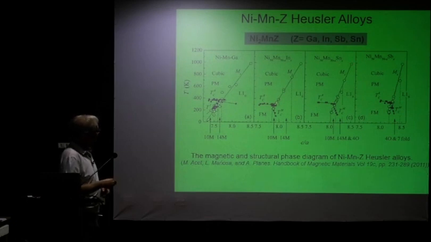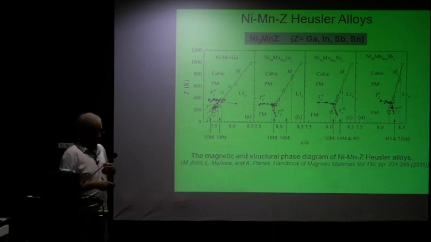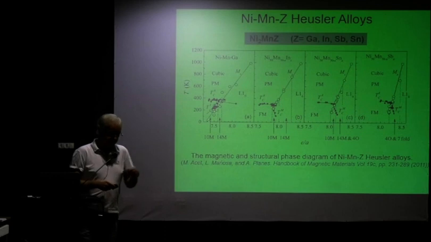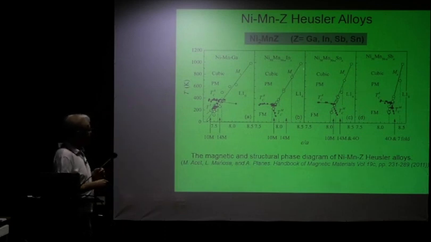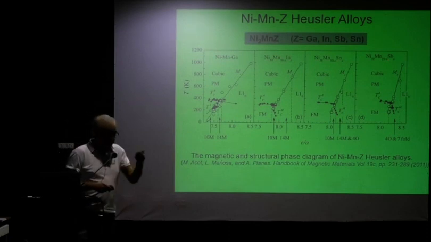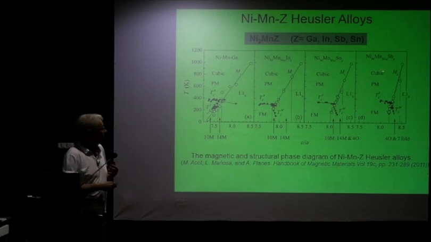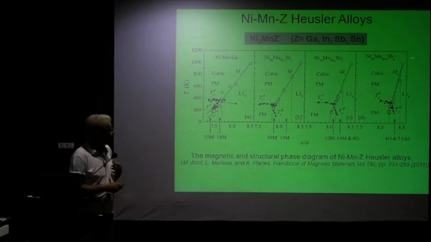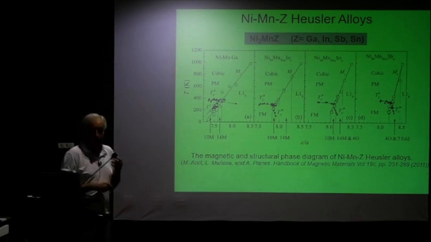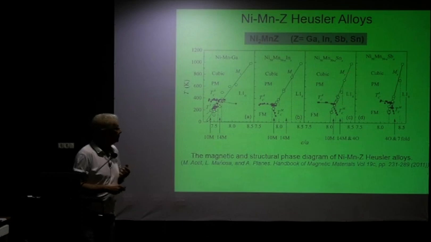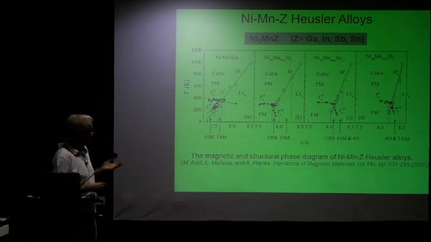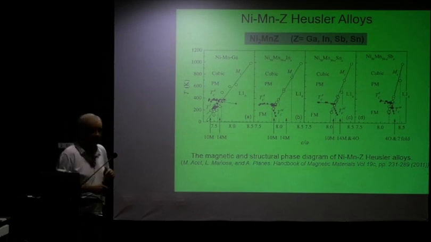And as you see, the Martensitic transformation temperature slope increases with, let's say, increasing electron composition of the main group element. Gallium has 3 s plus p electrons, tin has 4 s plus p electrons, and antimony has 5. And these two have here 3. But each has its own slope, so to speak.